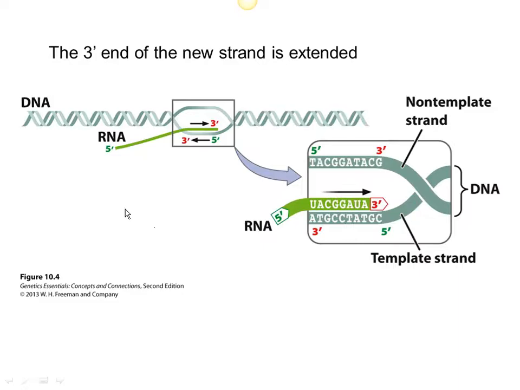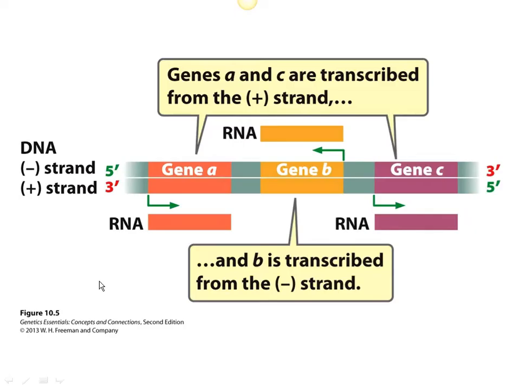You know that the direction of new nucleic acid synthesis is always said to be 5 to 3. And when we say that, what we mean is that the 3' end is where the new nucleotides are always going to be added. So the 3' end of the new strand is extended, the 5' end is fixed and not changing, and so we say the direction of new synthesis is from 5 to 3. You can have more than one gene on DNA, of course, and the genes can be transcribed from either strand.